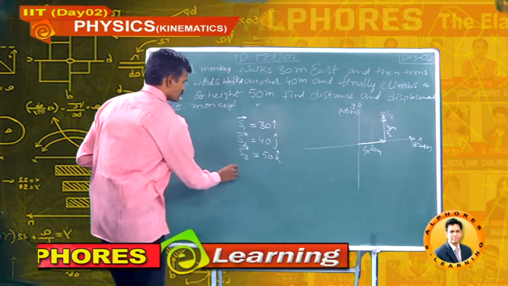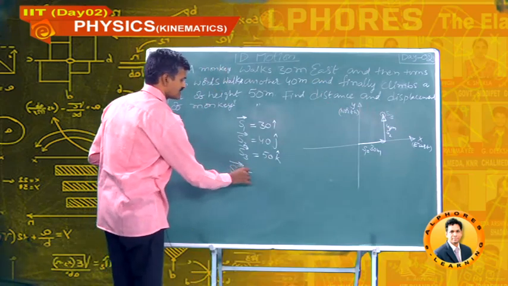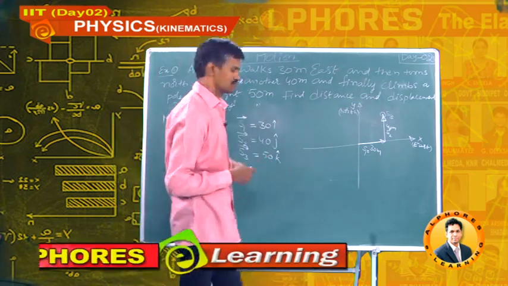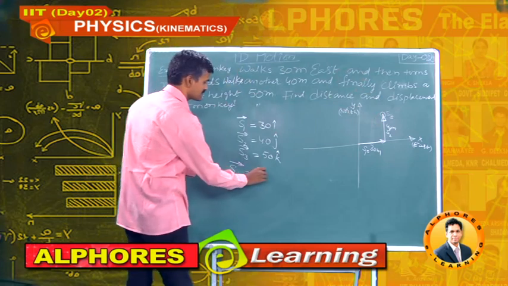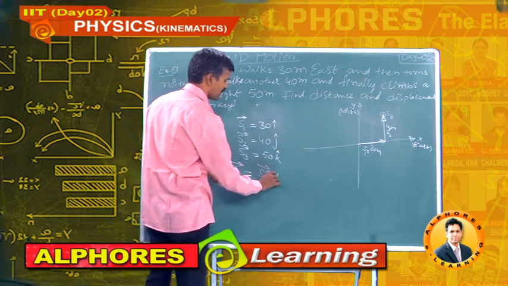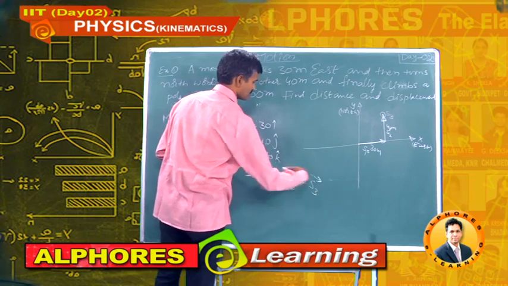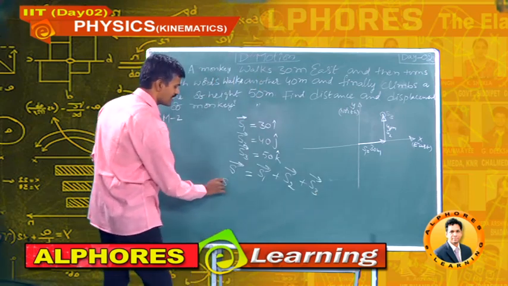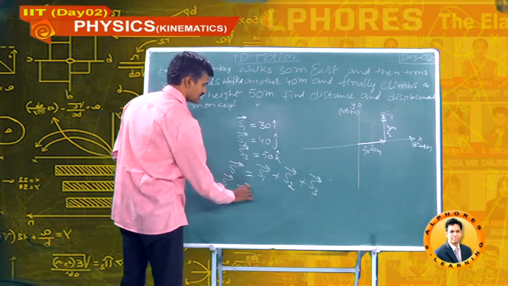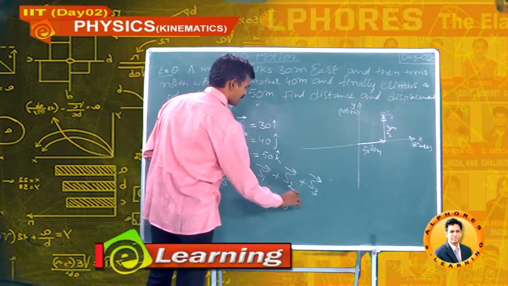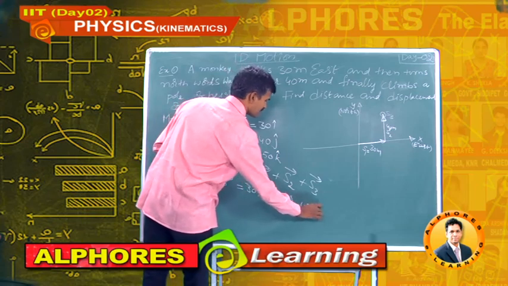We know that total displacement is given by the sum of individual displacements. So this S bar is given by S1 bar plus S2 bar plus S3 bar. So S bar is 30 i cap plus 40 j cap plus 50 k cap.